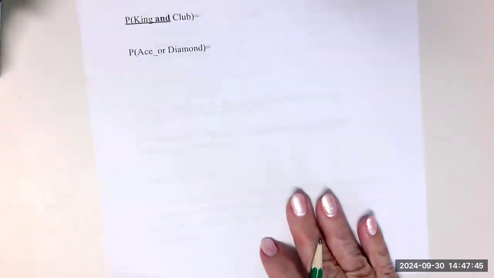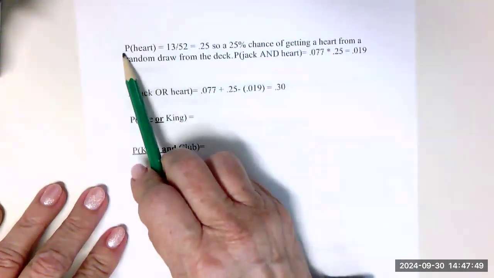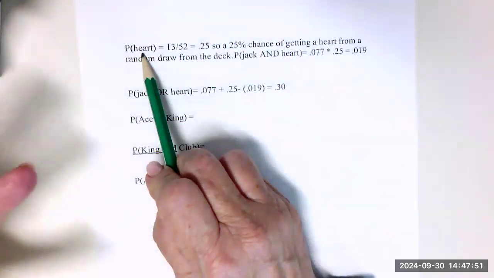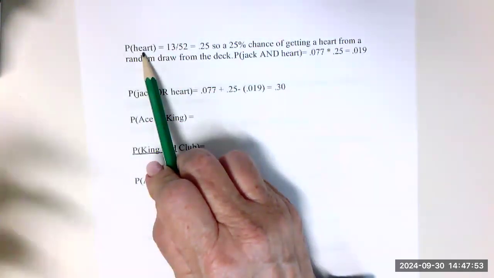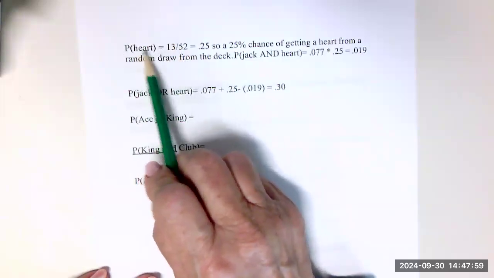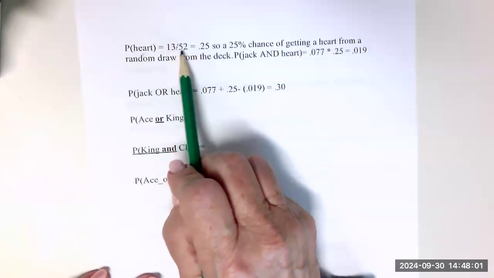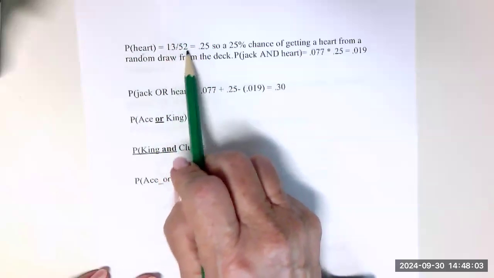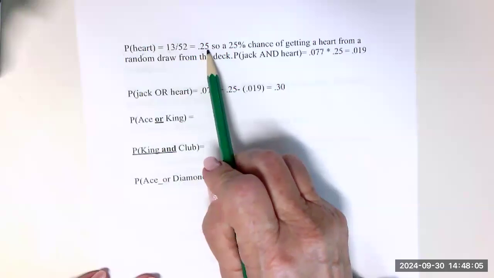So this first one says, what's the probability that you would draw a heart out of a randomly shuffled deck of cards, right? Well, we know there's 13 hearts total in that deck. So 13 out of 52, if we put that in our calculators, we'd get 0.25.